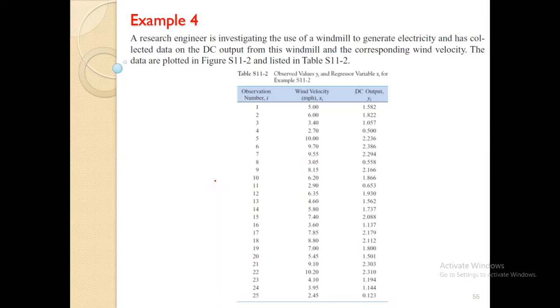And also, if we use a water turbine, we have some water at the top. The water will flow to rotate the turbine. The turbine will produce kinetic or mechanical energy, and mechanical energy will be transferred to electrical energy by the generator.